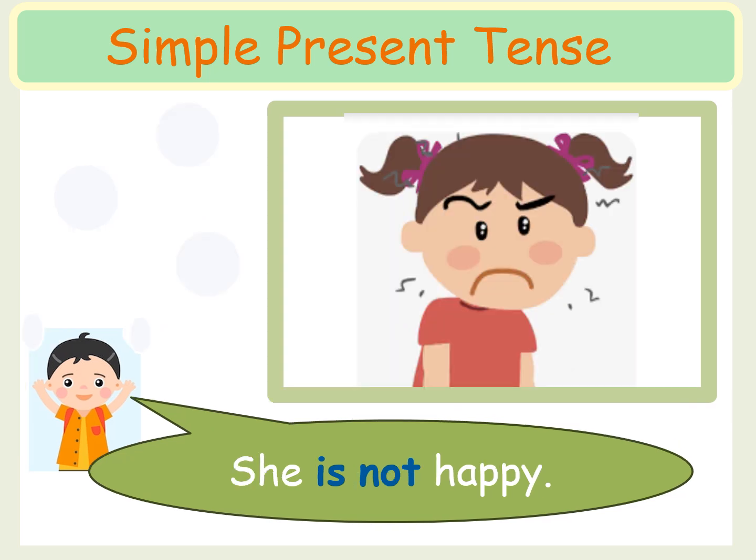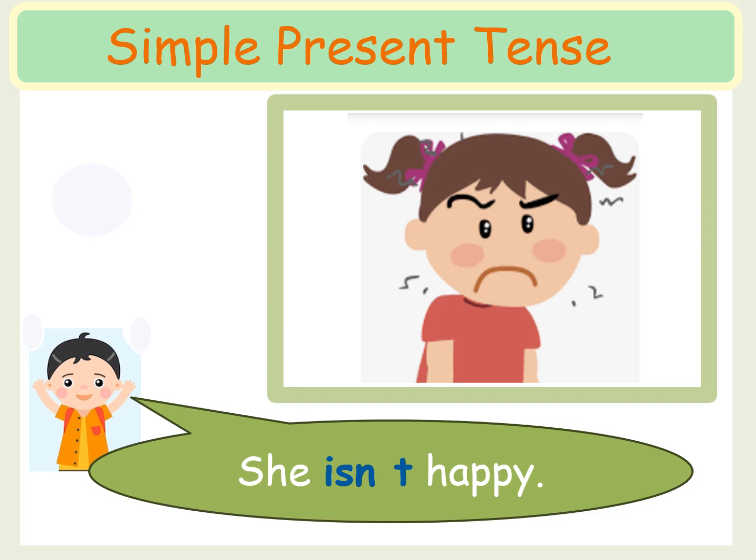She is not happy. We typically use short form in our everyday speech. First of all, we take away the letter O and put an apostrophe where we took away the letter O and we join those two words together. She is not becomes she isn't.